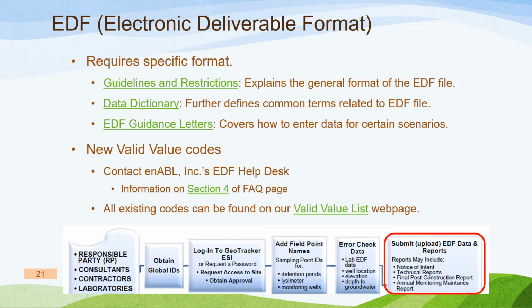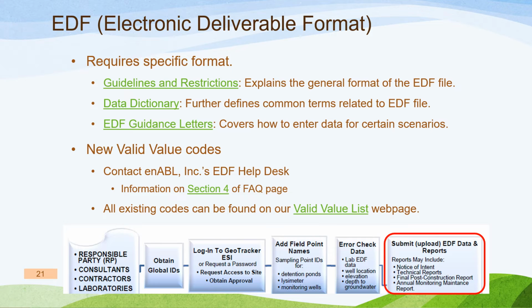So the EDF is a zip file that contains a variety of text files within it, and each of those text files requires a specific format. The documents you see on this page are some resources the lab can use to produce this document. The first one is the guidelines and restrictions, which generally explains the overview of the EDF file. It contains a variety of fields within it and some of the logic in terms of producing that document.